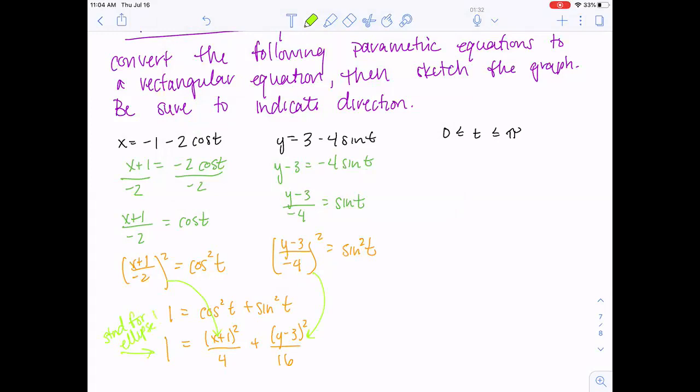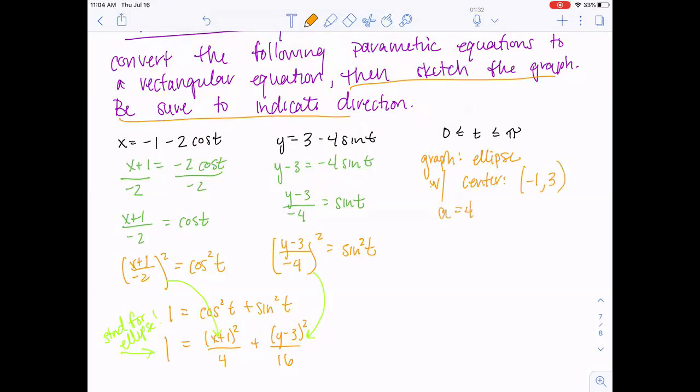So we can do this. The directions say to sketch the graph and be sure to indicate direction. Our graph will be an ellipse with center (h, k), in this case -1, 3.